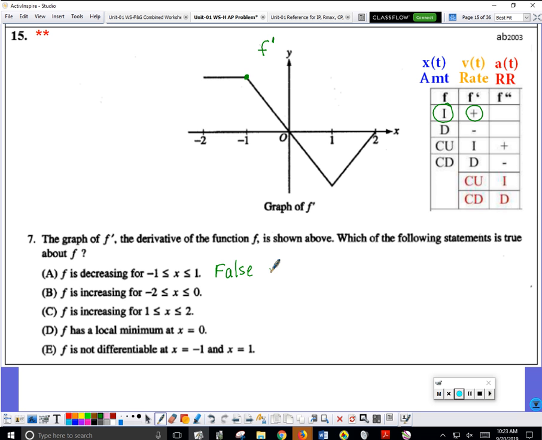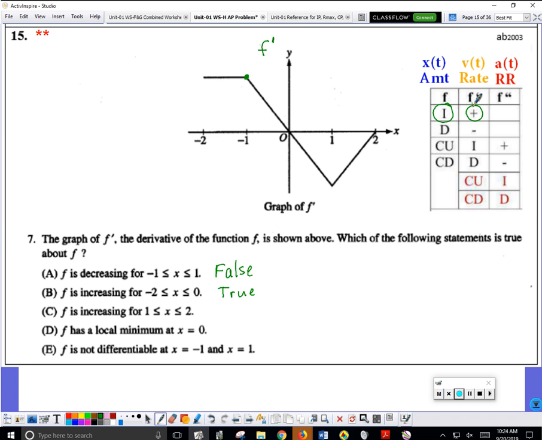Does anyone have any question about A? If you understand A, you should be good to know why B is the correct statement. It's the same logic as A. It says f is increasing. f is only increasing on an interval where every y-coordinate of f prime is positive.